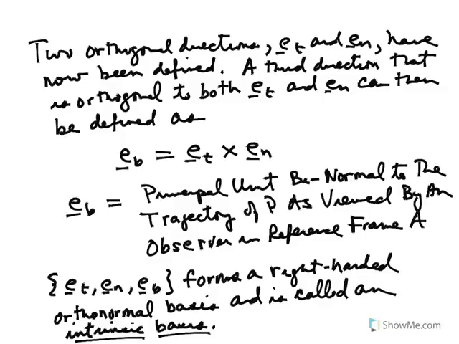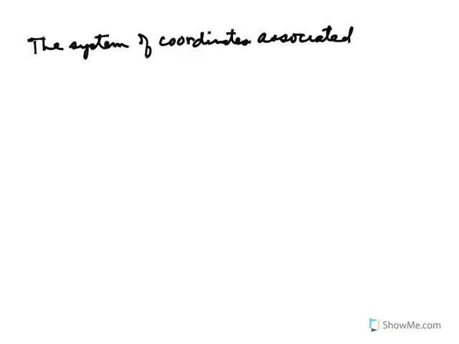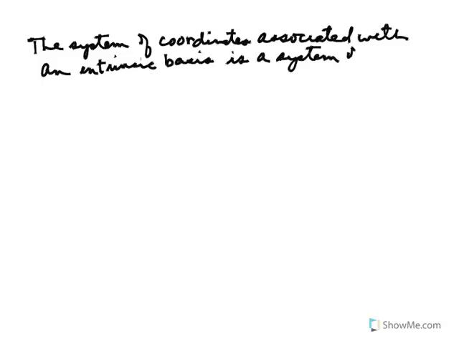And the associated system of coordinates is called intrinsic coordinates. So let's write that down. The system of coordinates associated with an intrinsic basis is a system of intrinsic coordinates.